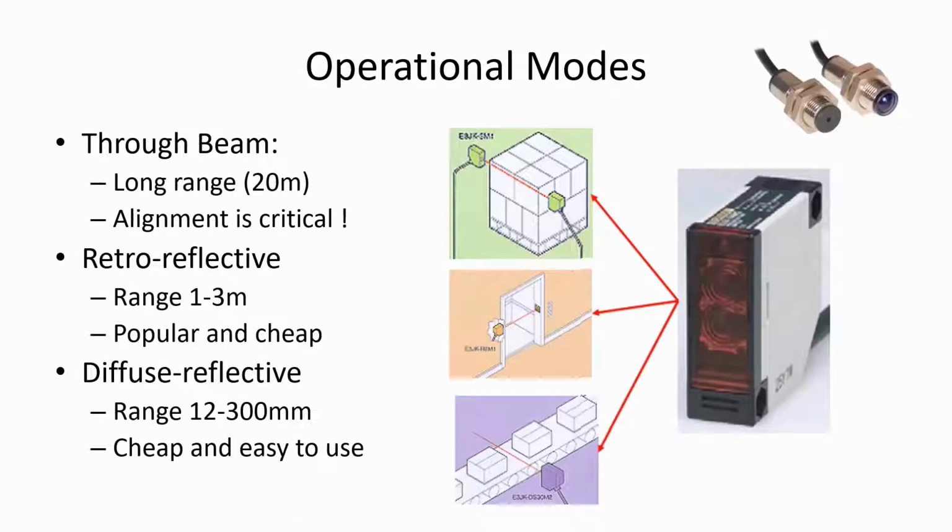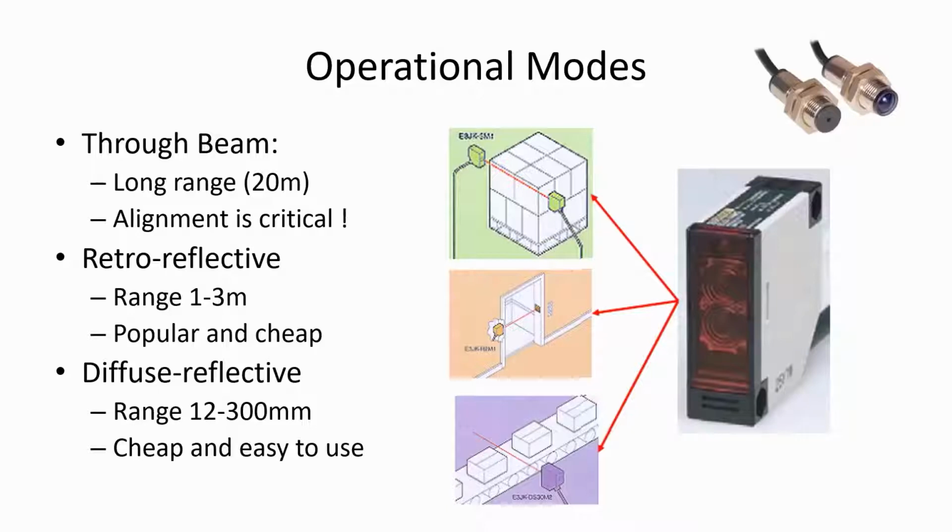Regarding the modes of operation, there are three different types of optical proximity switches: one is through beam, next is retro-reflective, and diffuse reflective.